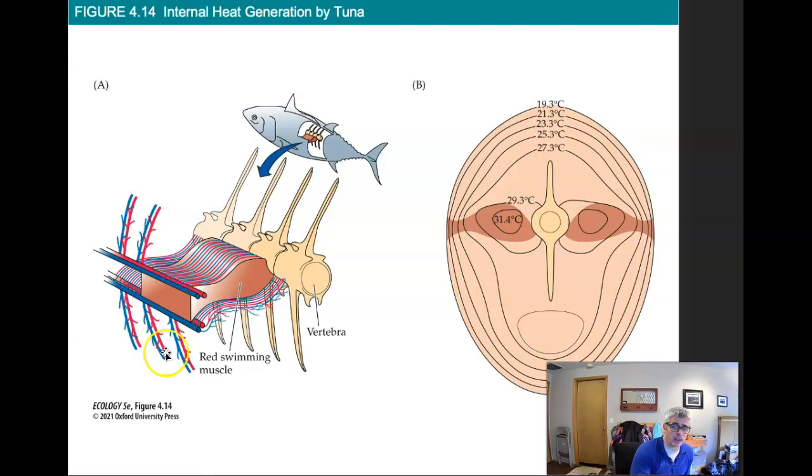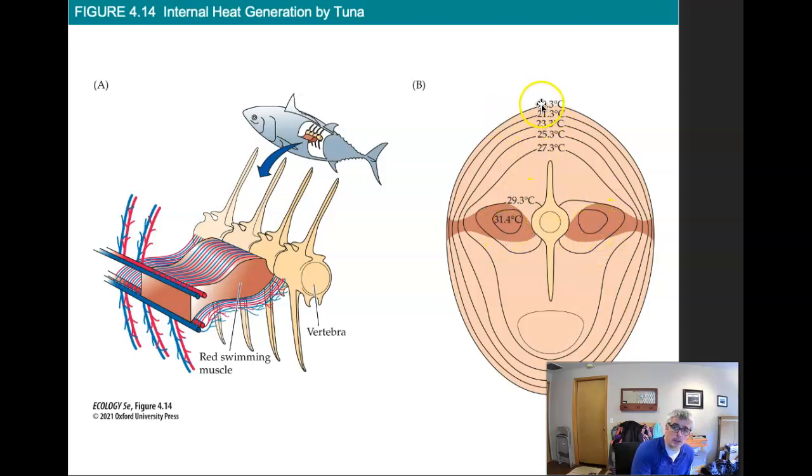And this is kind of a classic example of the way that blood moves through the muscle tissue of a tuna. Here we can see the outside of the tuna. This is a cross section, so imagine you cut the tuna in half. There's the vertebrae, and here are the two main muscle groups, the two main red swimming muscles.